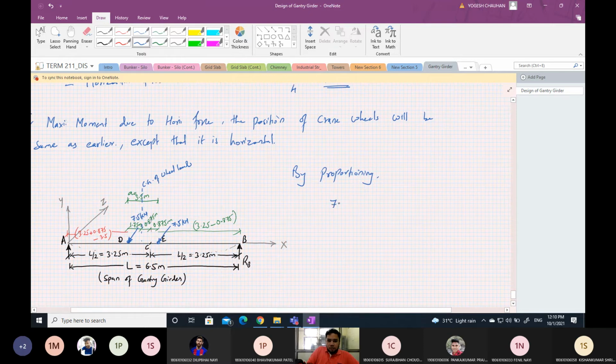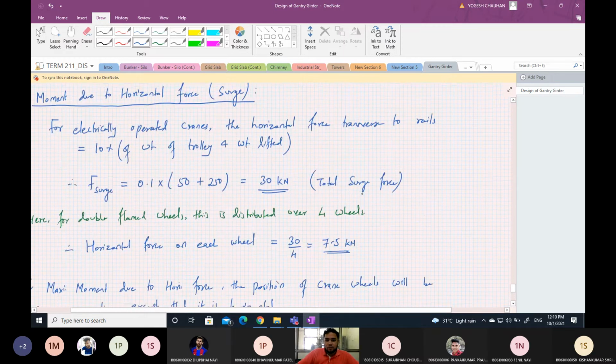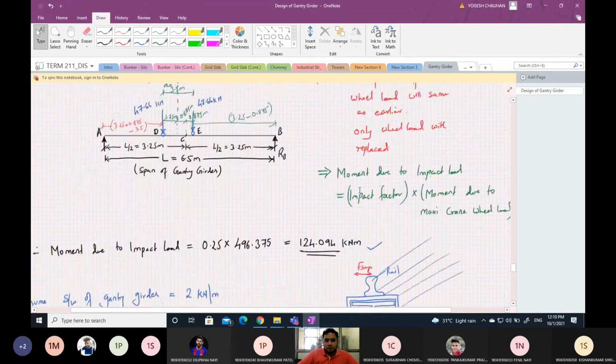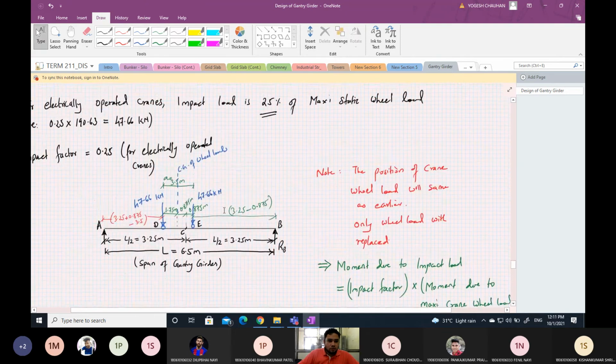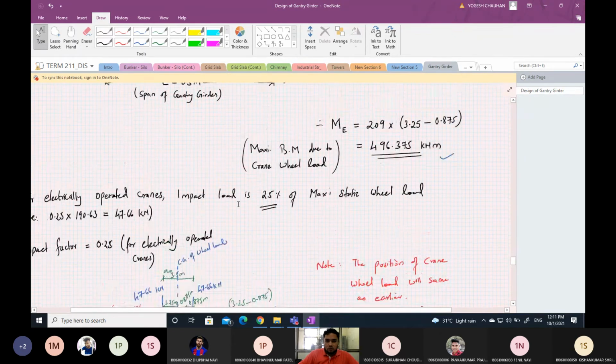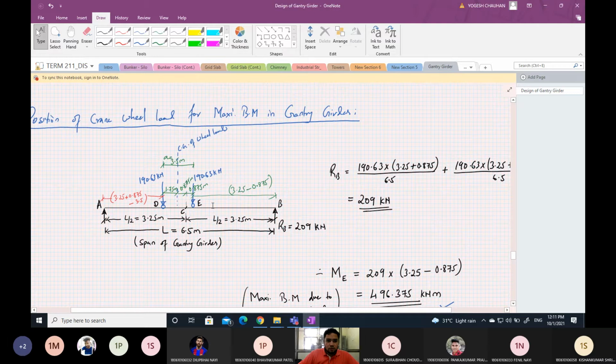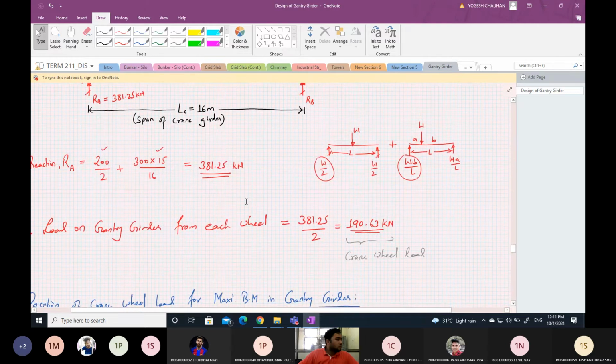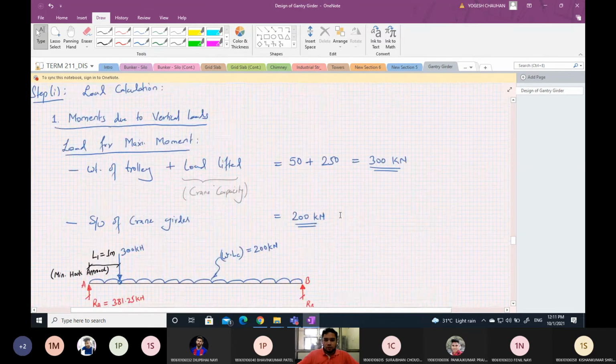So here the load is 7.5 kilonewton, whereas the earlier wheel load was 190.